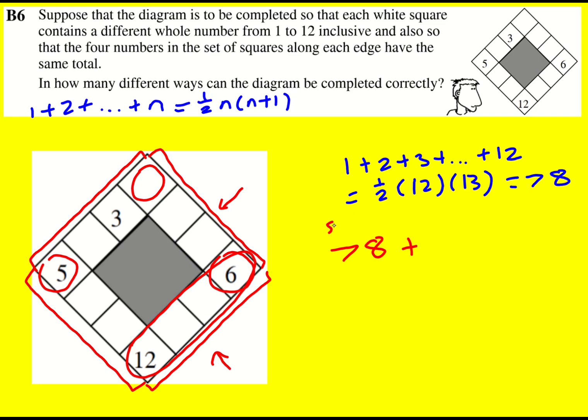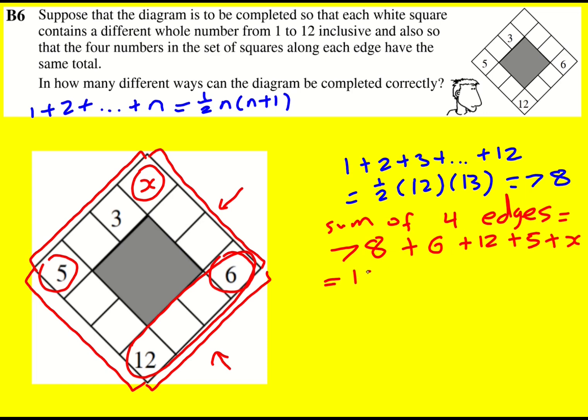I should say the sum of the 4 edges, or lines, is going to equal 78 plus 6, because it's counted a second time, plus 12, plus 5, plus this missing one, which I'm going to call x. 78 plus 12, that's a good one to start with, gives 90.